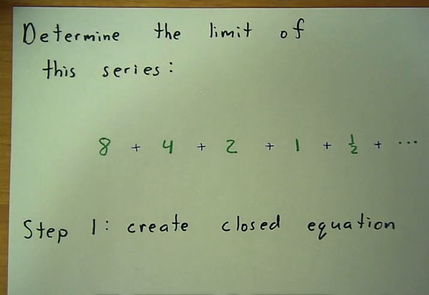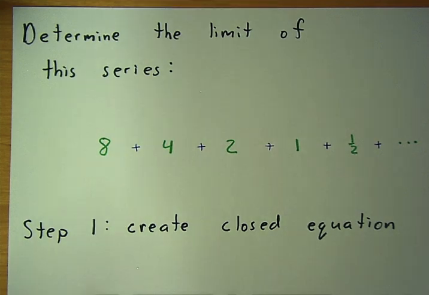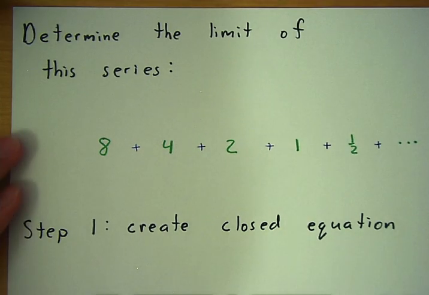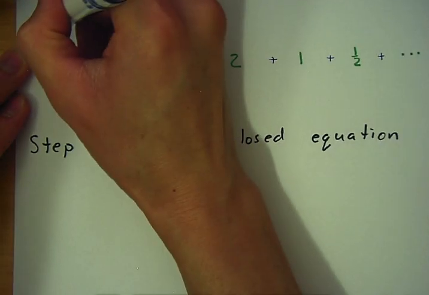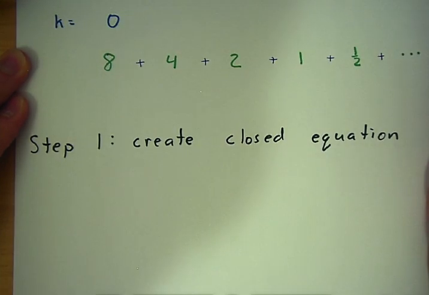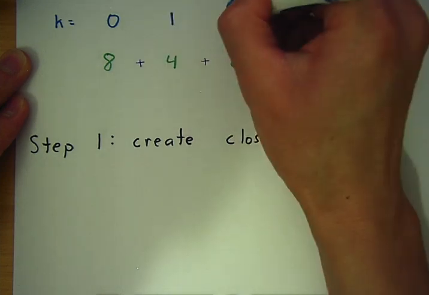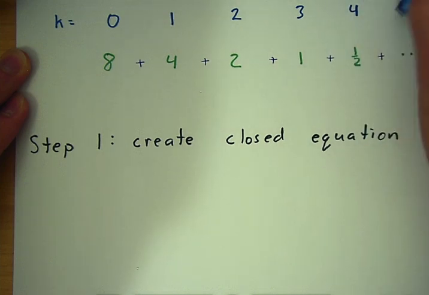We're going to do the same general first step, which is creating the equation for that. I'm once again going to call 8 my 0th number, 4 is my first number, second number, third number, fourth number, etc.